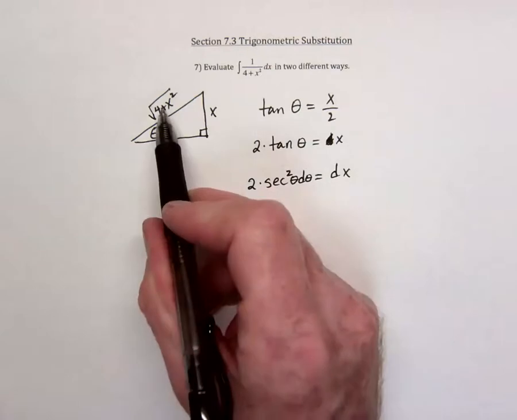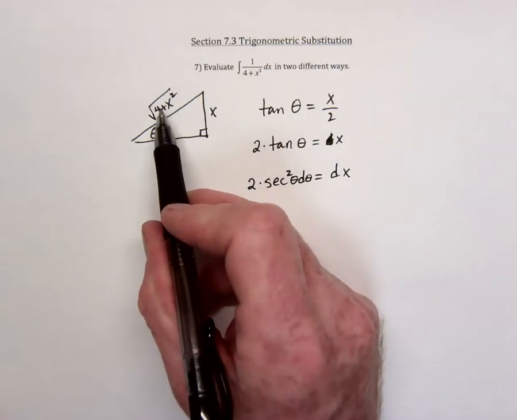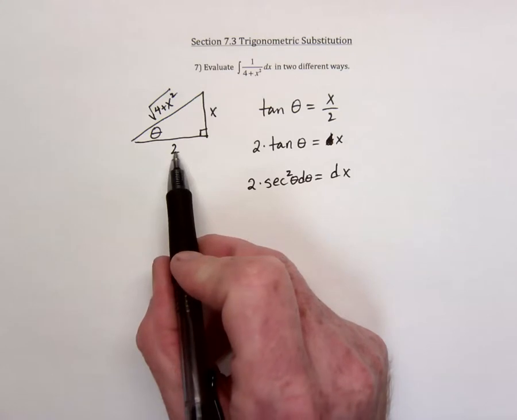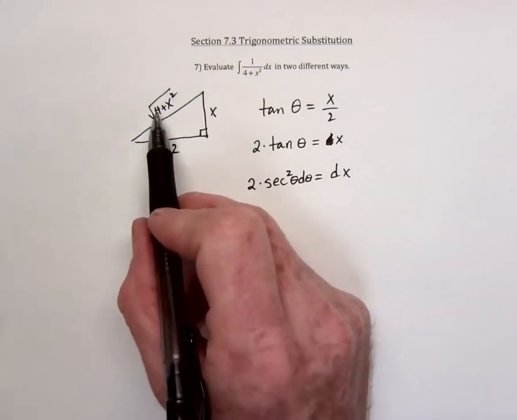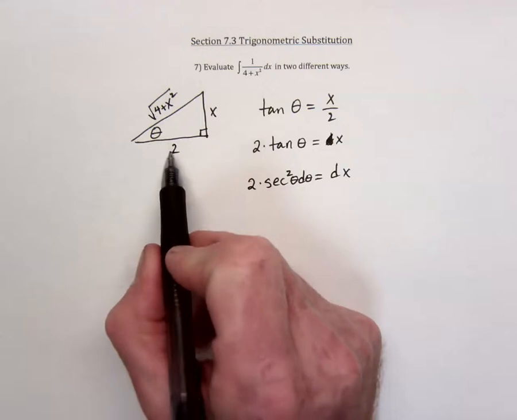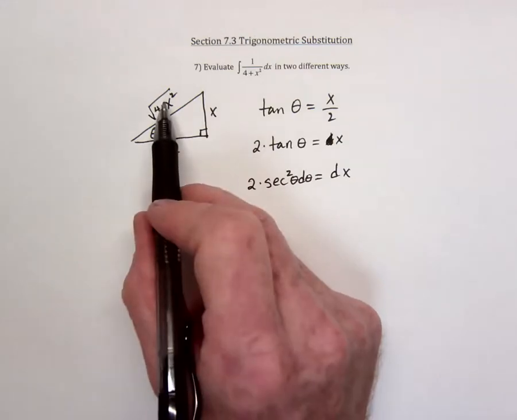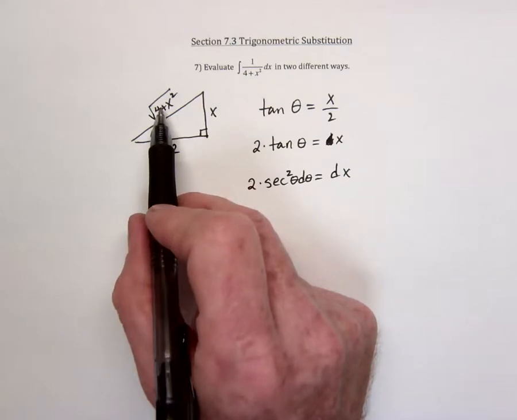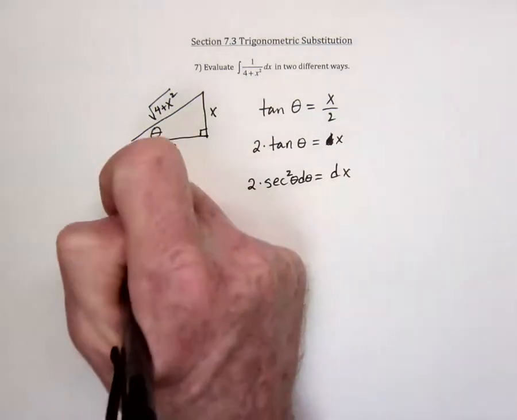The other thing I would like to find out is what is this radical equal to? So if I use this side adjacent and this side hypotenuse, well, if I do opposite over hypotenuse, that's cosine. If I switch them and have this one on top, that would be 1 over cosine, so that's secant.